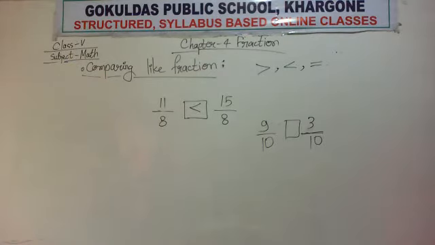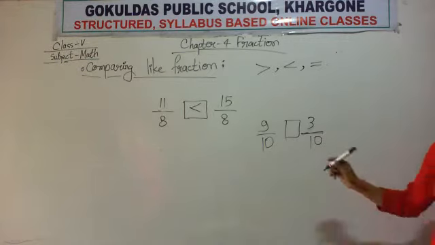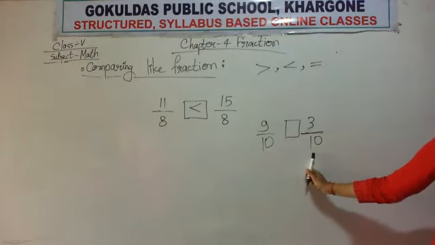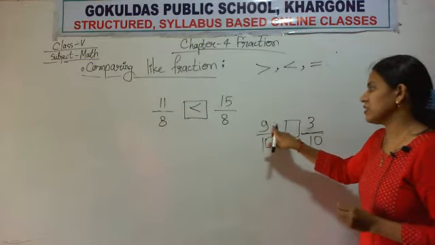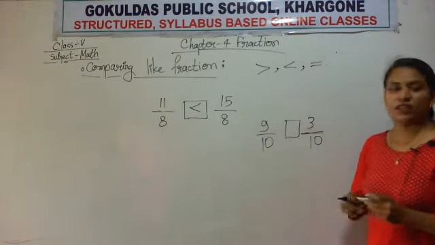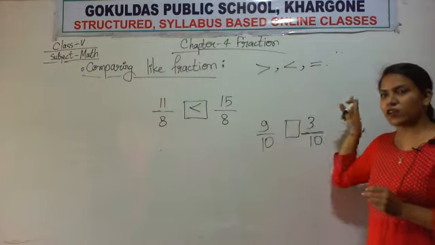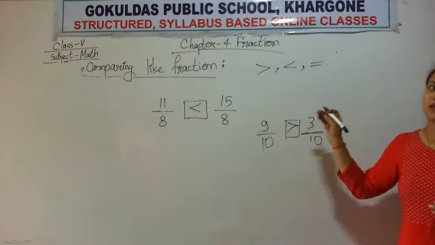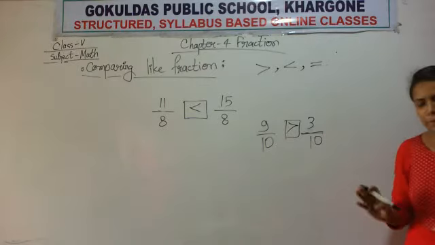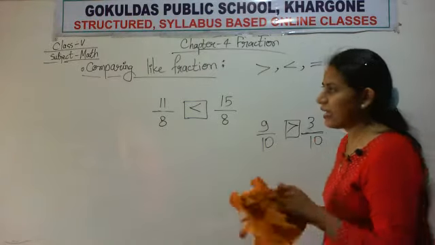You will check the denominators of both numbers. Both have the same denominator, which means both are like fractions. And how do we compare like fractions? We check their numerators. One has 9, another has 3. Which one is greater? 9 is greater. So 9 upon 10 will be greater. This is how we compare like fractions.